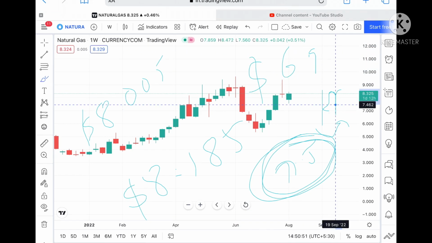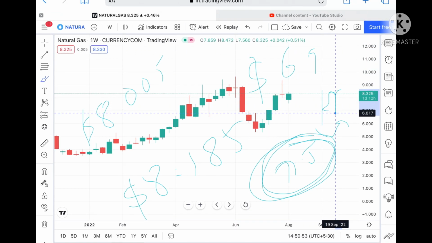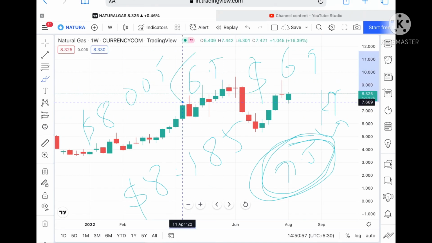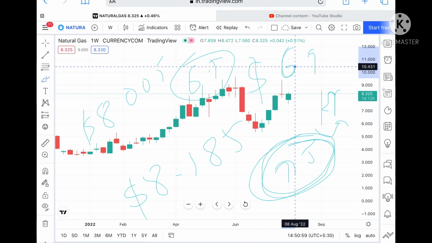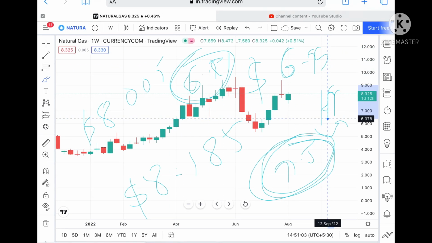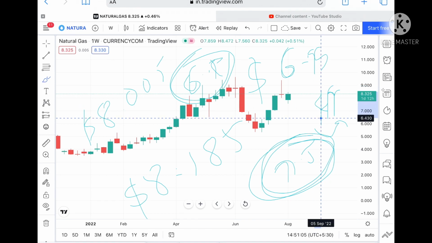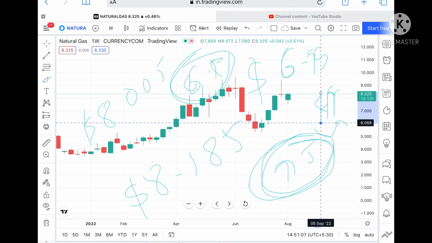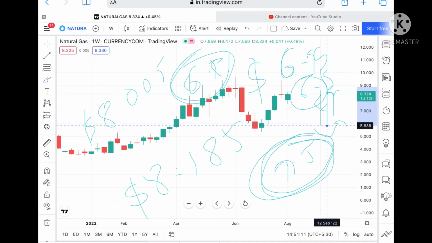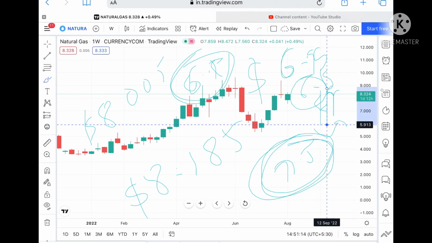Once it goes below $6.9, it can move further down towards $6.5. From there it can touch a level of $6, and once the price falls below $6, it can move further down towards $5.9.